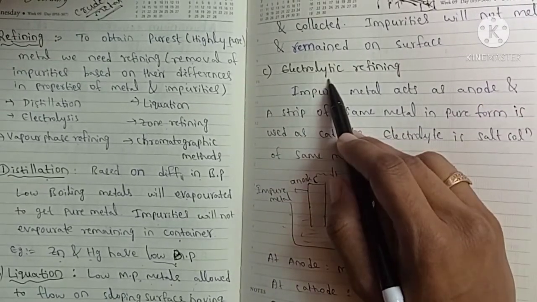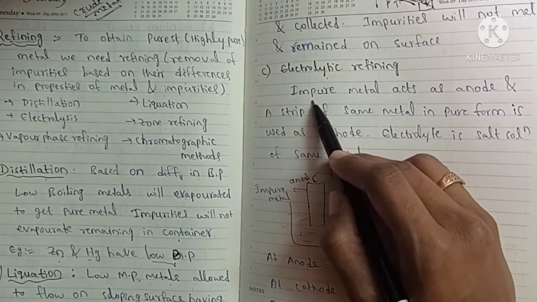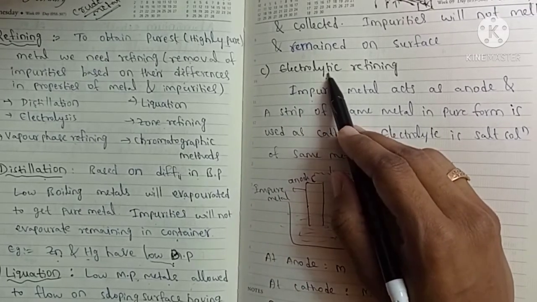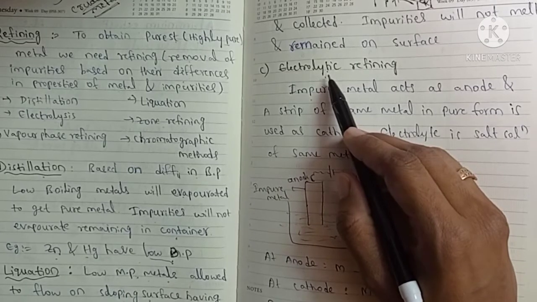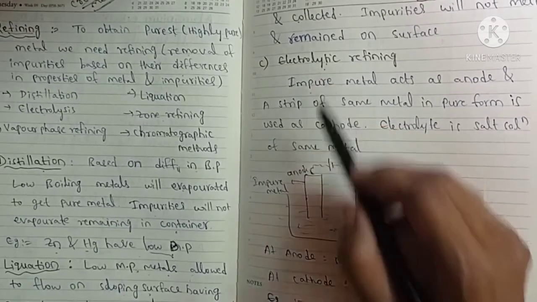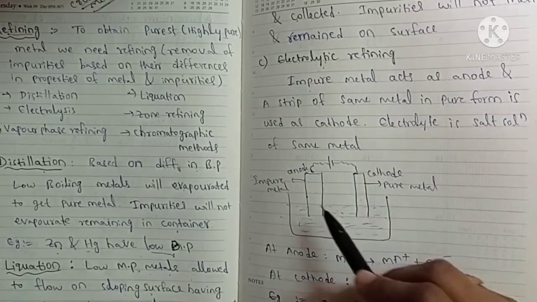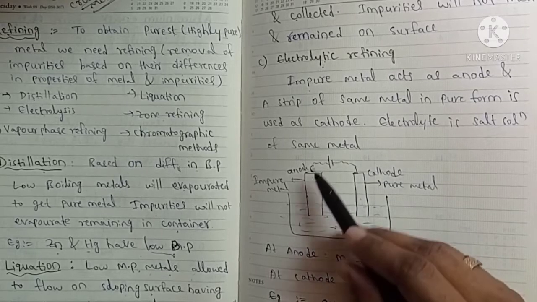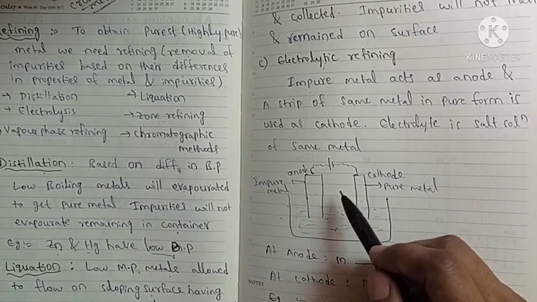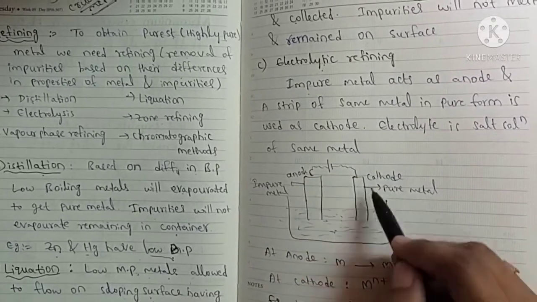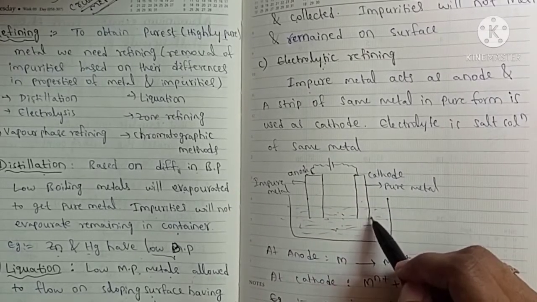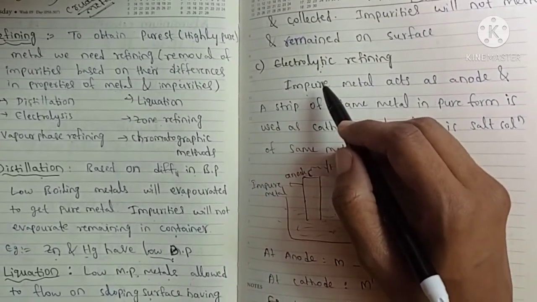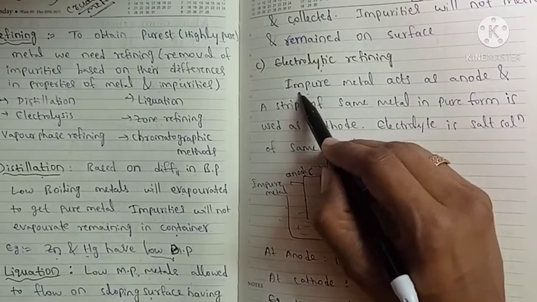And next, electrolytic refining. Electrolytic process means we will conduct electricity. We will take one anode and a cathode, pass electricity, and the metal will be deposited on the cathode. So what is the anode and what is the cathode? Let us see.